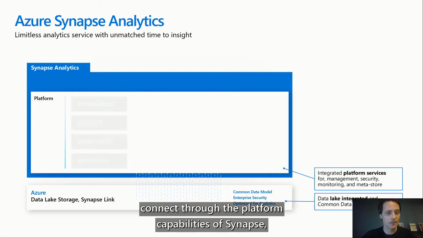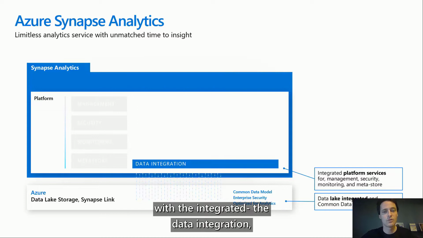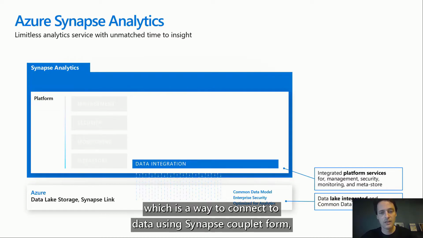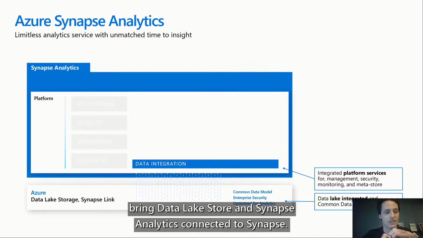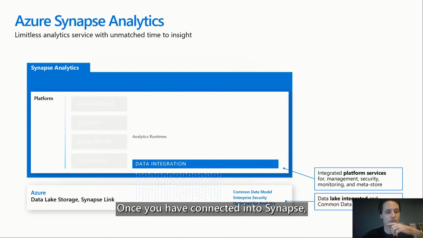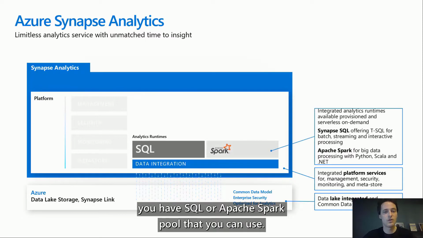The platform capabilities of Synapse include data integration, which is a way to connect to data using Synapse, and core platform management, security, monitoring, and Metastore capabilities to bring the data lake store and Synapse Analytics connected to Synapse. Once you have connected into Synapse, you have SQL or Apache Spark pool that you can use.